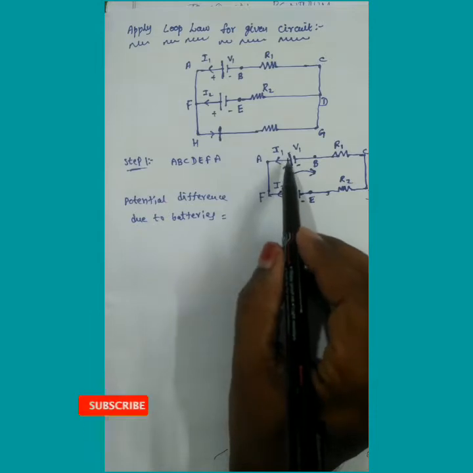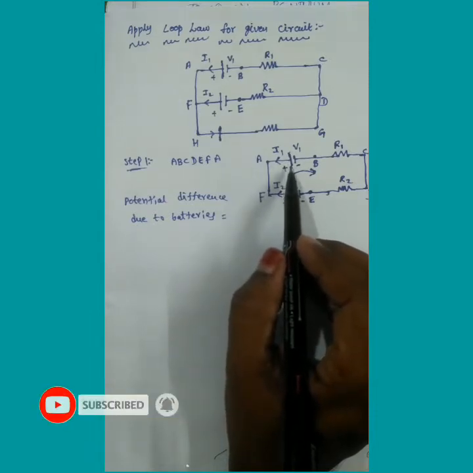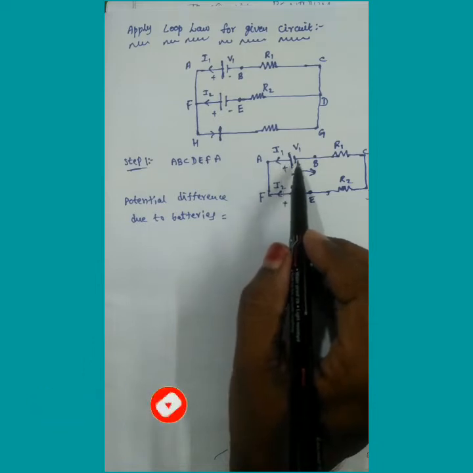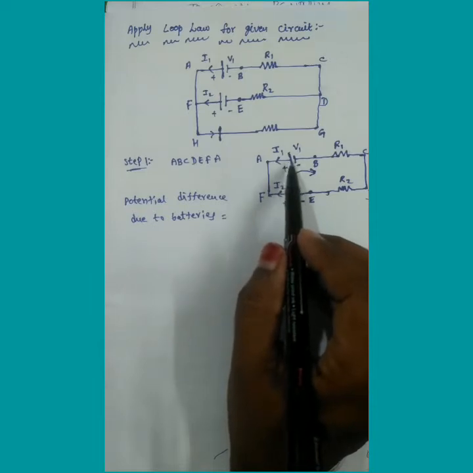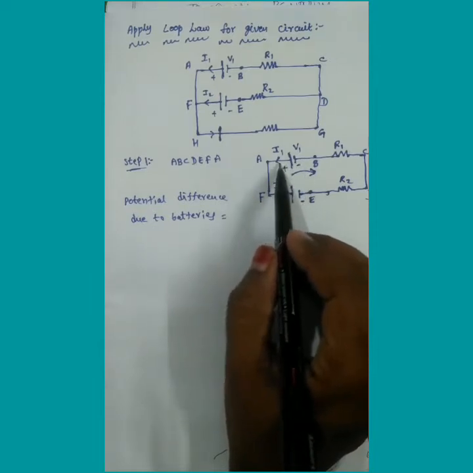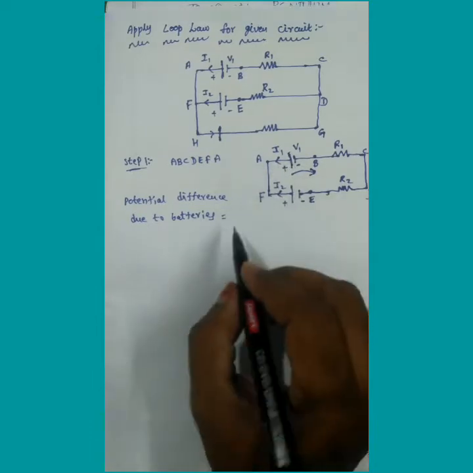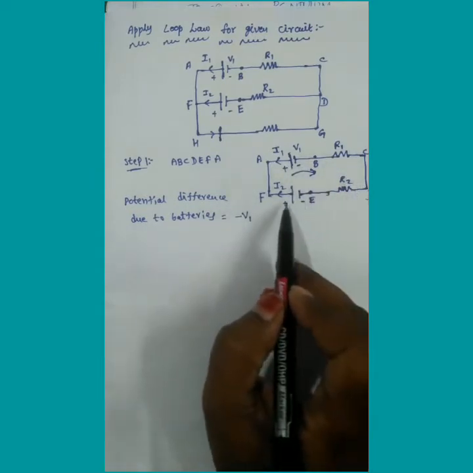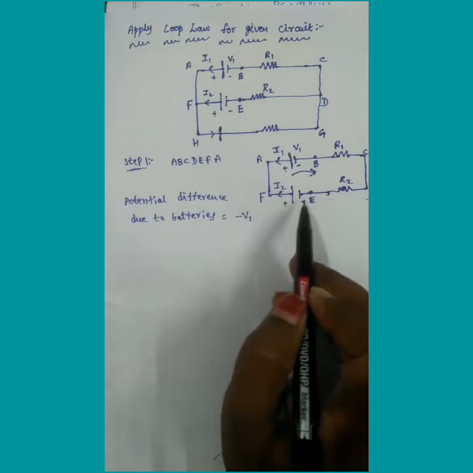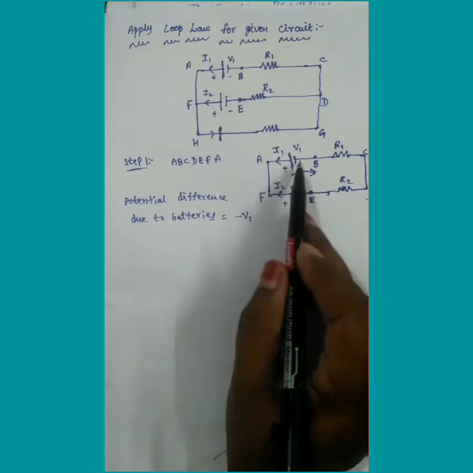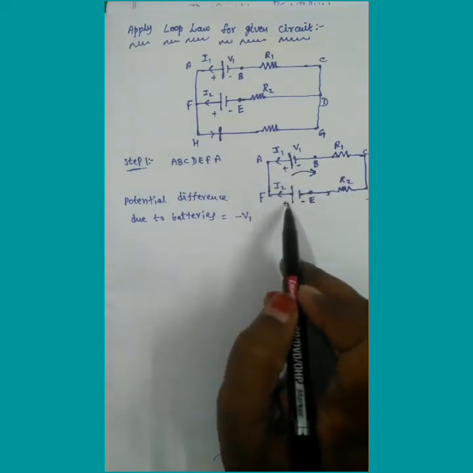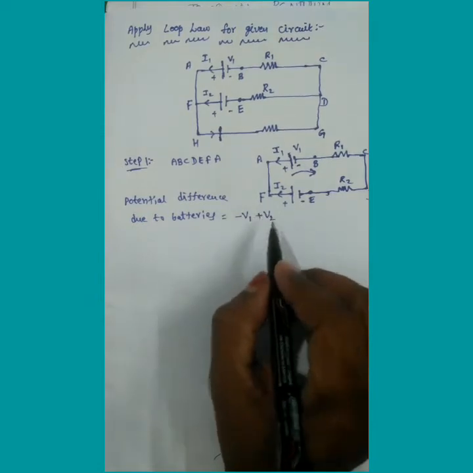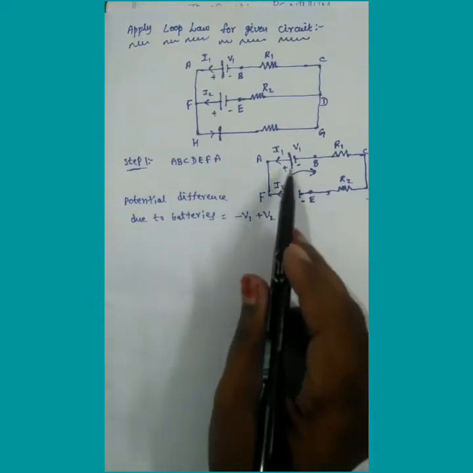The positive terminal is a high potential area and the other is a low potential area. Here we are going opposite to the current direction, so we take minus V1. The current flows from negative to positive, but here it is opposite, positive to negative, that's why we take negative. And across this one it is negative to positive, so we take that minus as well. This is the potential difference because of the batteries.